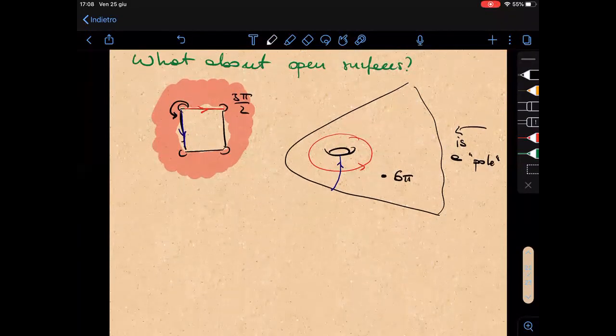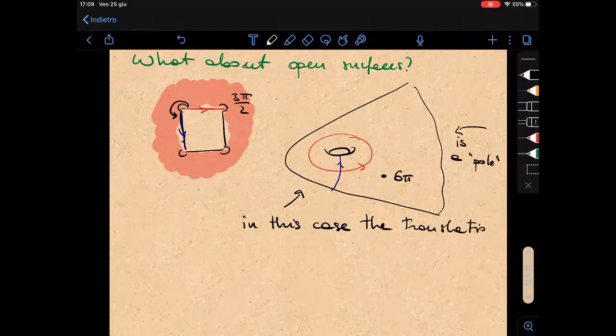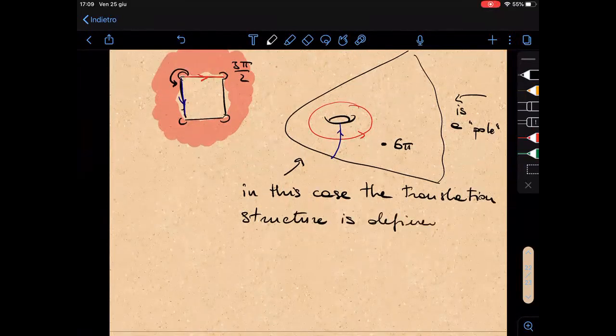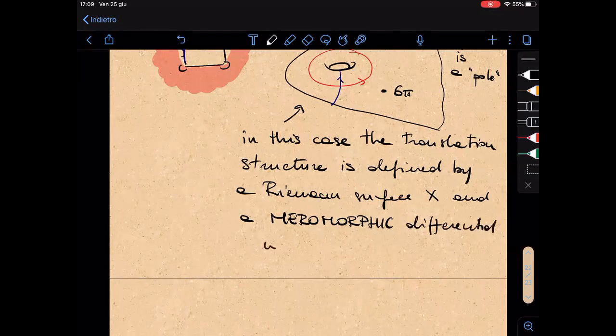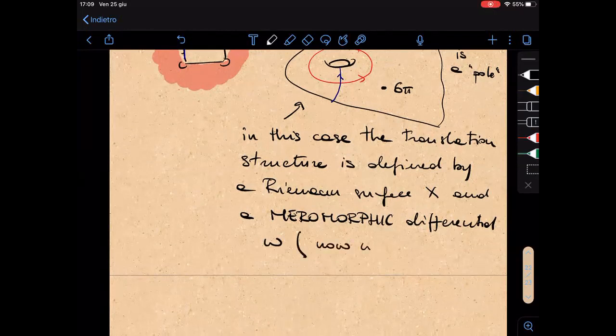I mean that in this case the translation structure is defined by a Riemann surface X and a meromorphic differential omega. And so now omega may have poles.